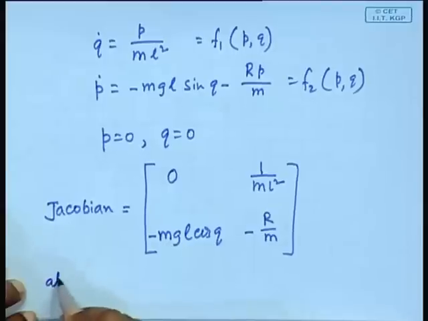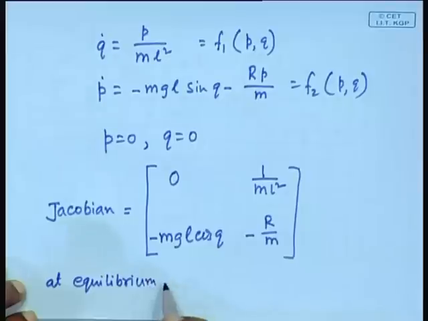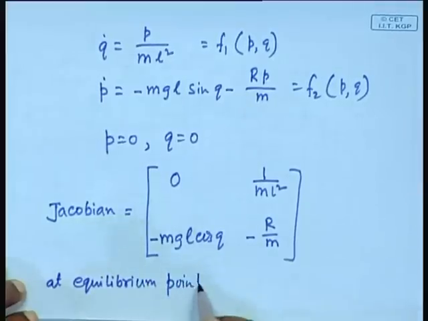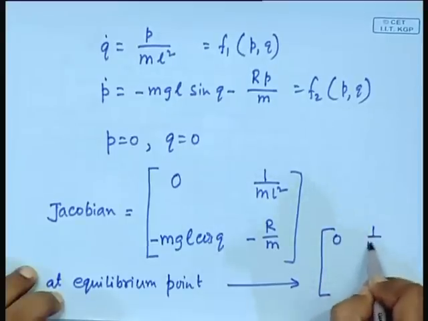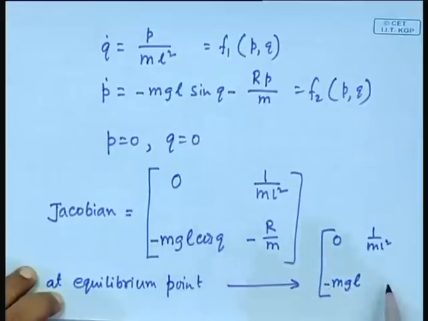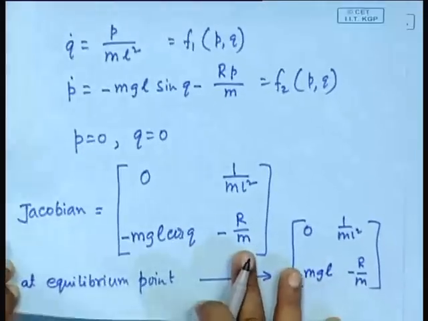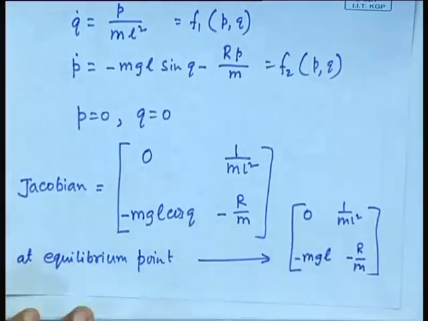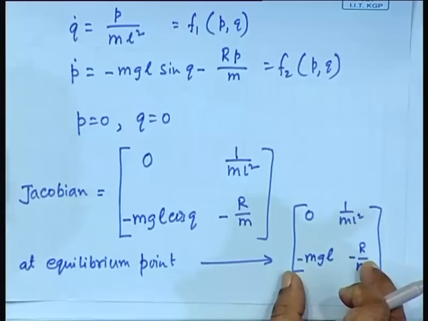So, at the equilibrium point it becomes 0, 1 by m L square, here it is minus m g l, it is minus r by m, right. So, that is the Jacobian as evaluated at the equilibrium point.